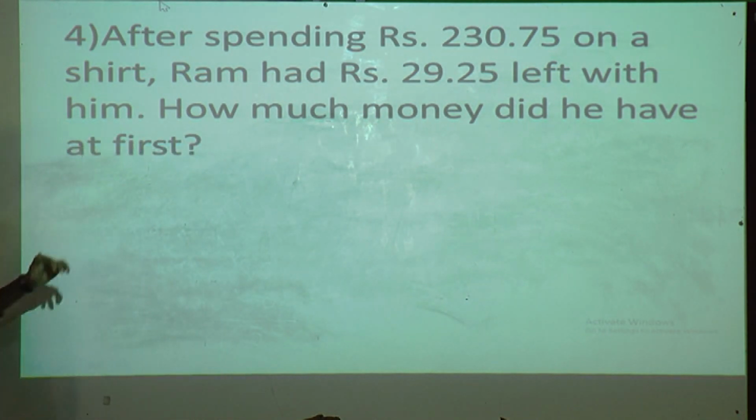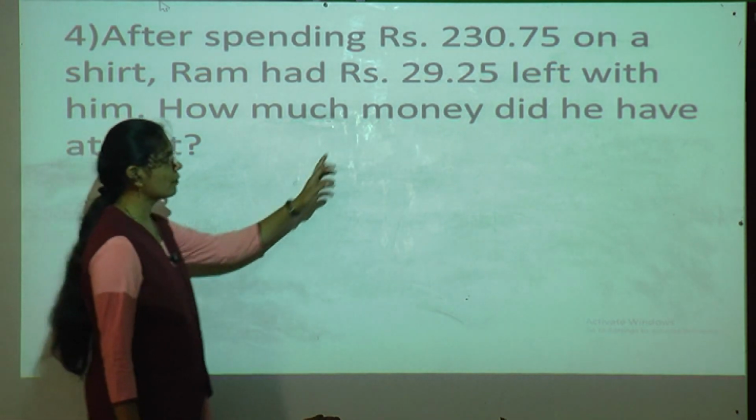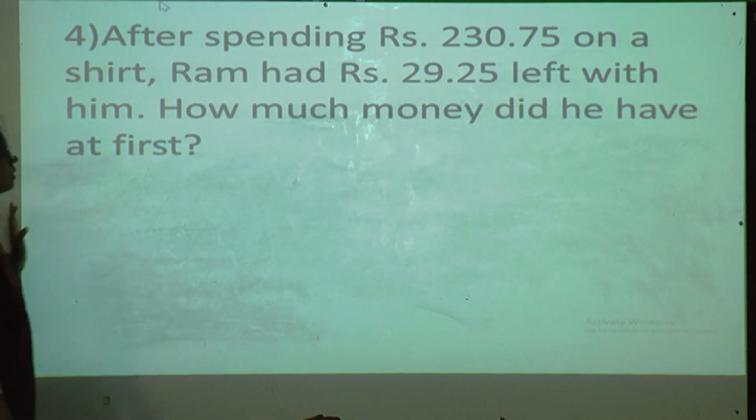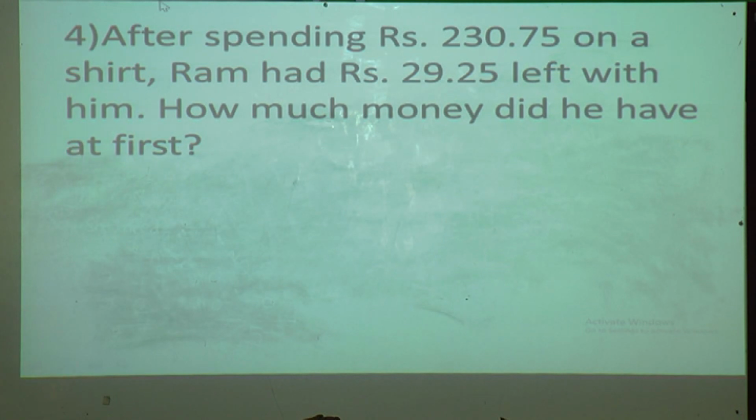This is our question. See here, first of all he spent rupees 230.75 on a shirt. After that he had 29.25 left with him. Okay, so the question is how much money did he have at first? So what you are going to do here?